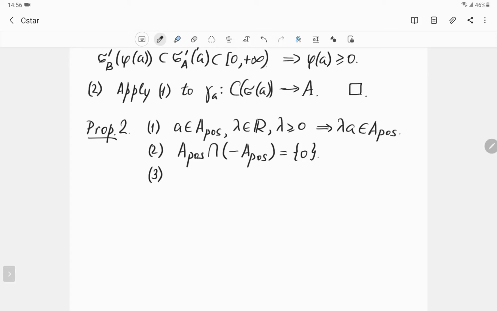Property 3, the set of positive elements is closed in A. And finally, I claim that the sum of two positive elements is also positive.